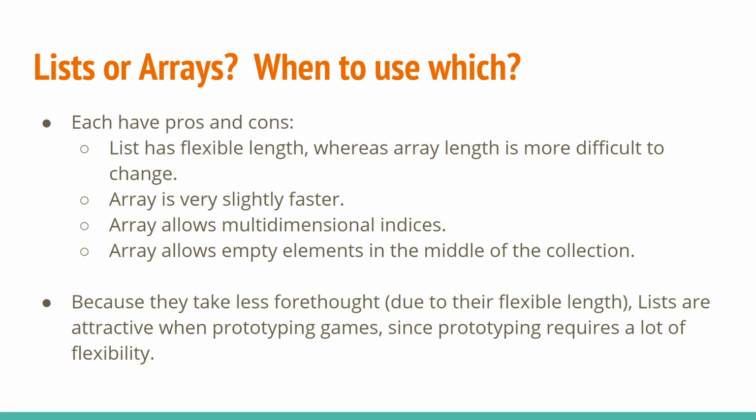If you had something like a map of a grid, and you want to position certain things at certain positions, then you might use that. However, in our use, because they take less forethought in designing them due to their flexible length, lists are attractive when prototyping games, since prototyping requires a lot of flexibility.